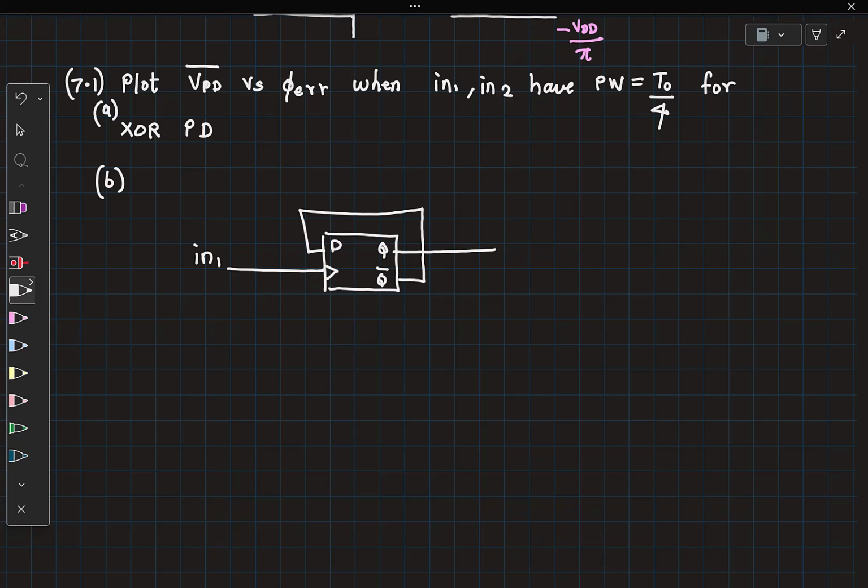If your in1 had a period of T0, this point will have a period of 2 T0. So let's say I pass in1 through this. I take in2 and I pass in2 also through a similar mechanism.